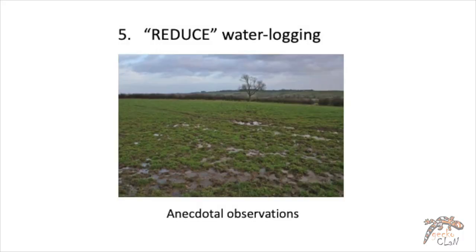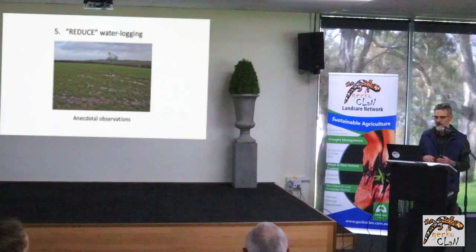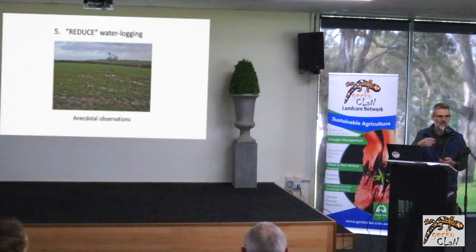Okay, so could we reduce waterlogging? This is why it's interesting. We haven't really measured this, but sometimes anecdotal observations are good, like when you're talking to farmers and you pick up some of these observations.